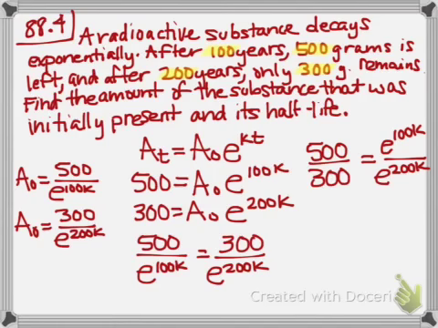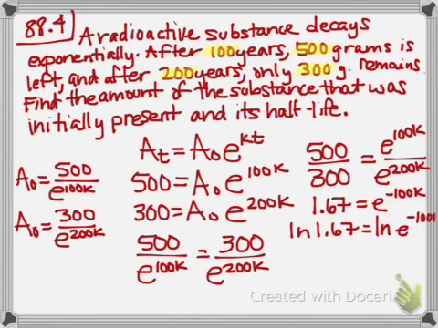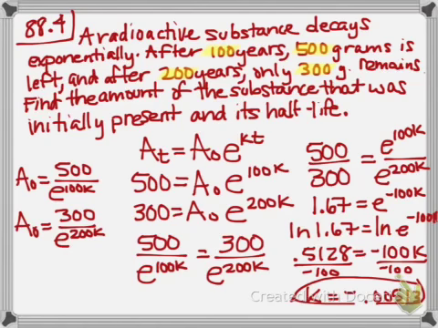From here we can simplify. We can get 1.67 is equal to e to the negative 100k. Now we take the natural log of both sides, and we find that 0.5128 is equal to negative 100k, so k is going to be equal to negative 0.00513.